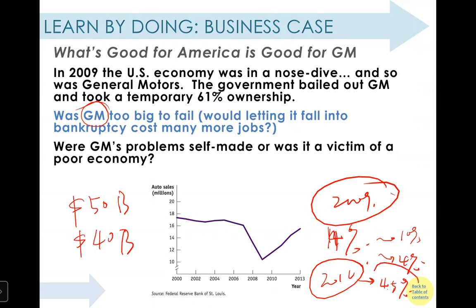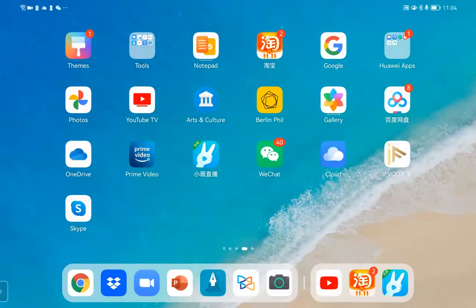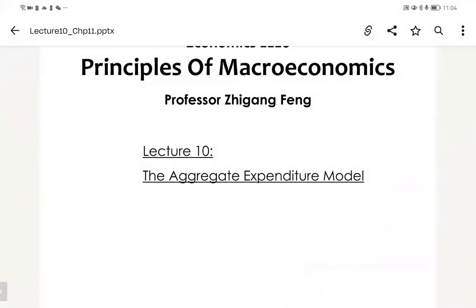But also the employment picked up very quickly. Okay? So that kind of explains the multiplier. Right? Okay. So this is it for this chapter. Now we are going to move to the next one.